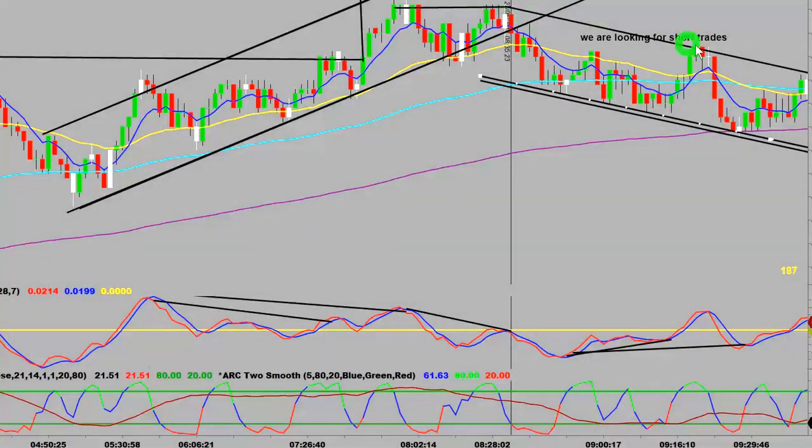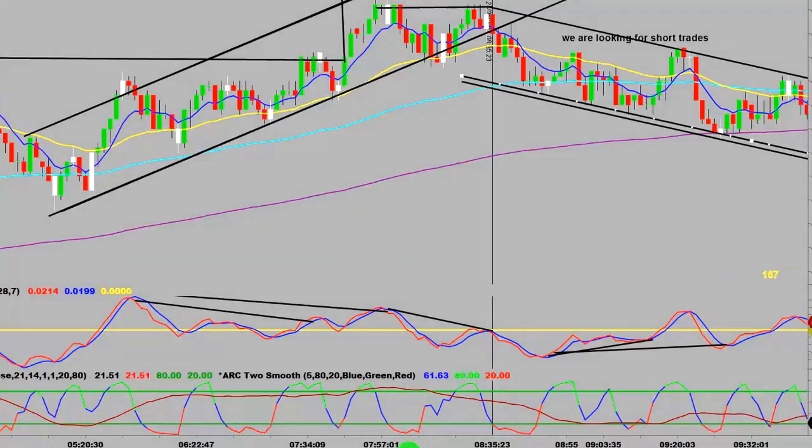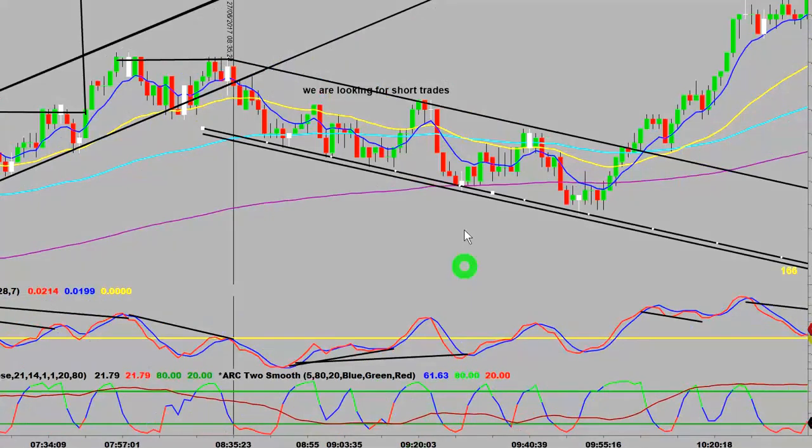So I've got that point to that point. I'll draw a parallel as long as I hit it there, and if you look at what happened then, you'll see price action come down and hit that lower channel. Let me move along here, and then it came up and bounced off the channel again, came down and hit the lower channel again.